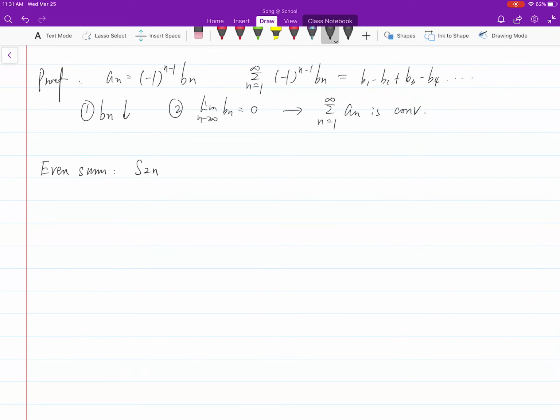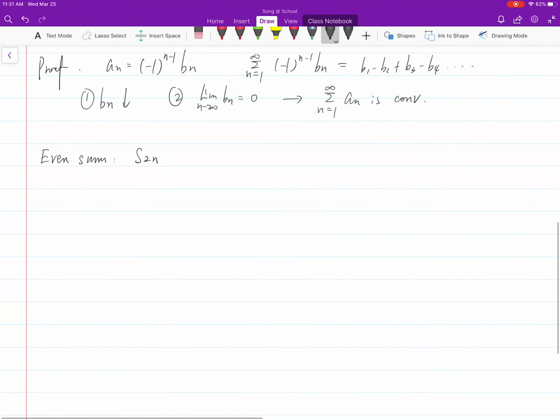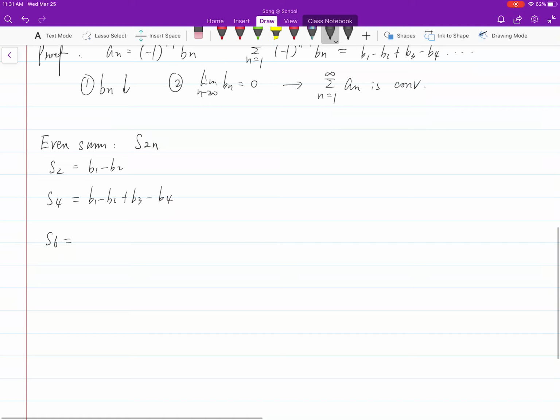What it means is I define a sequence of sums, which is called S2, which is b1 minus b2, S4, which is b1 minus b2 plus b3 minus b4, and S6 with 6 terms, and so on.